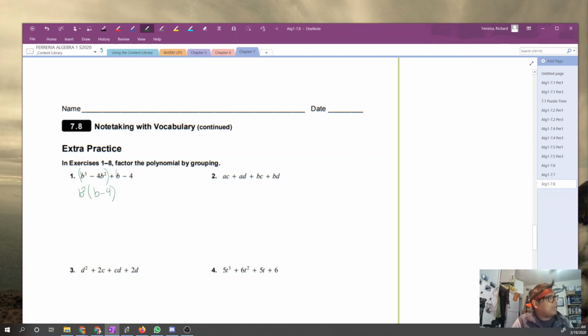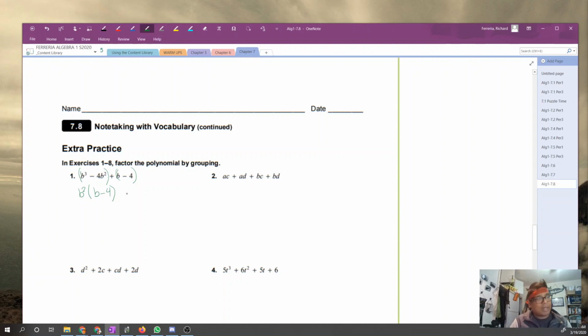And then I'm going to take a look at this one over here, b plus 4. Their greatest common factor is, the coefficient in front of the b is a 1. Like we said before, 1 and 4 are relatively prime, and they don't both have a b.